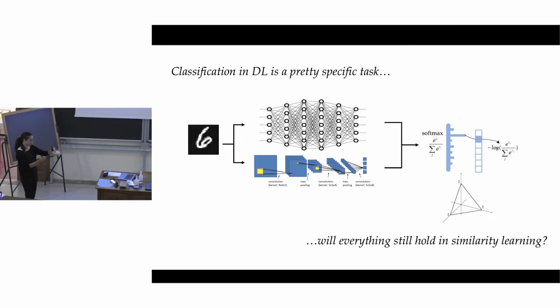The dimension of my last layer is just the same as the number of classes. So whatever I get there, I then apply a softmax transformation, which means I'm mapping an R to the number of classes space onto a simplex. It's something crazy.